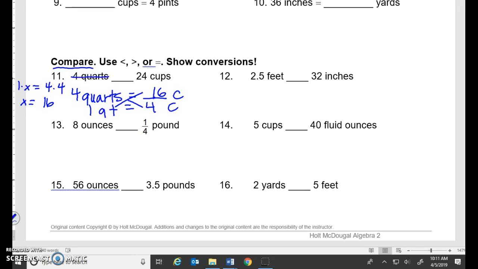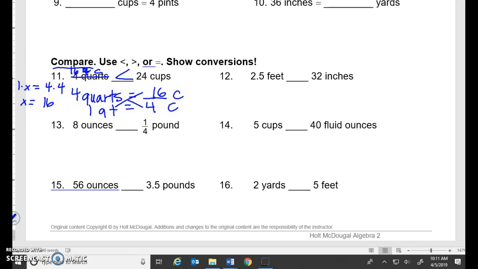So I'm going to cross this out, and I'm going to write 4 cups. Now it's easy to see which one is bigger. Sorry, did I write 4? I meant 16. I'm going to write 16. Okay? Notice I have 16 cups and 24 cups.